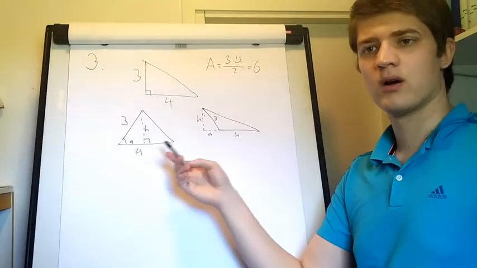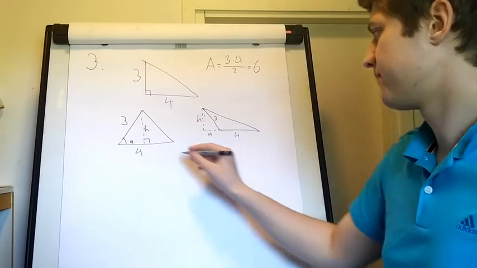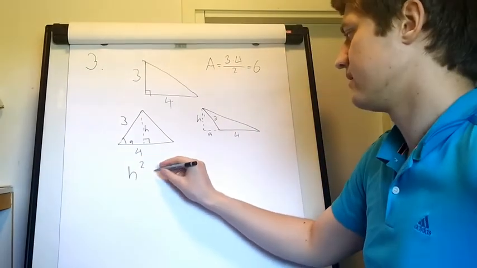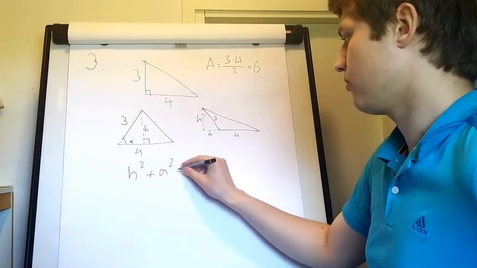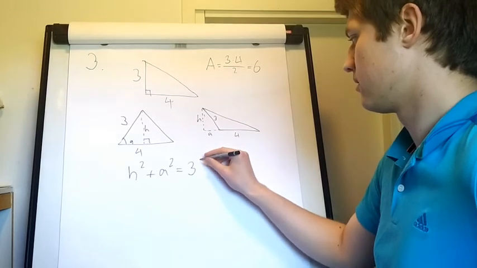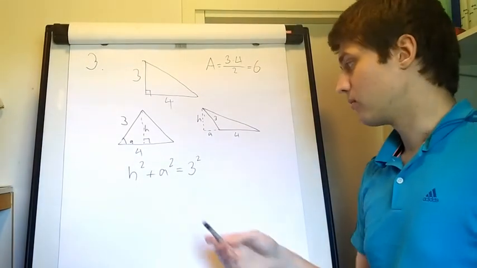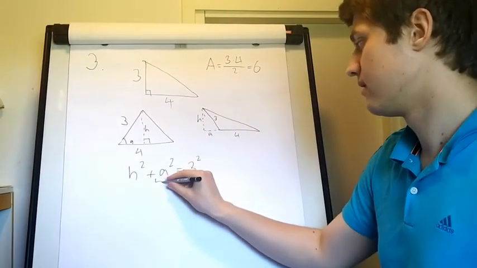And now we discover that according to the Pythagorean theorem, h squared plus a squared equals 3 squared. And what we see now is that a squared is positive.